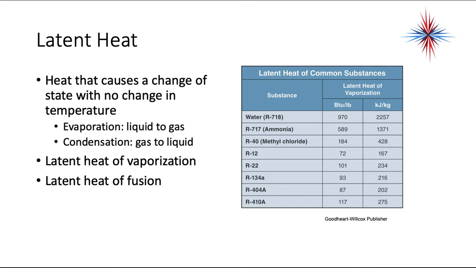I can have 212-degree water and 212-degree steam. The difference is, have I added or removed that latent heat? Condensation and evaporation, boiling off and condensing. It's part of the refrigeration cycle.